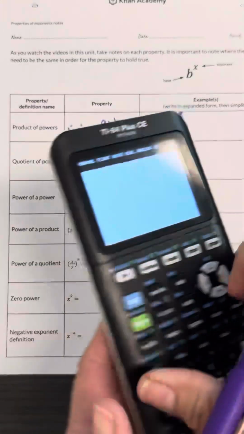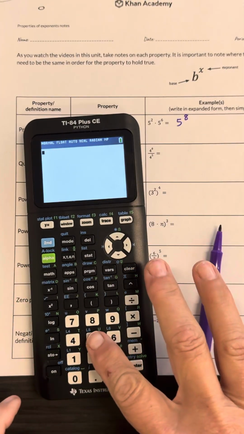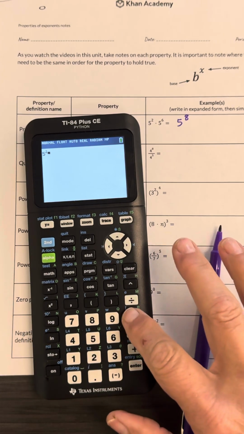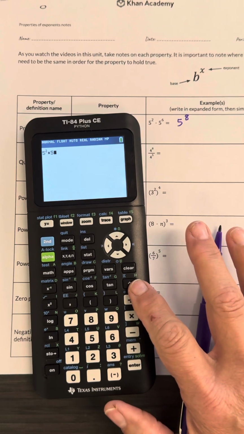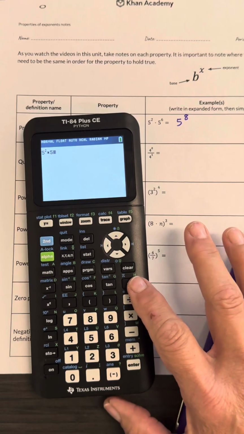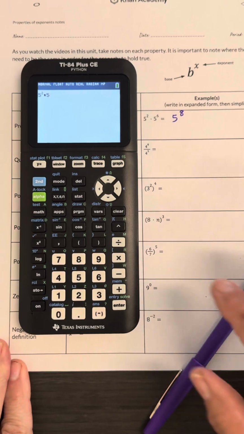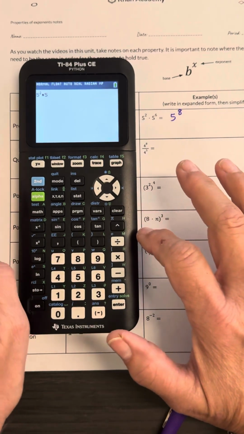So to prove that, you can go to your calculator and do 5 squared times 5, and you raise anything to a power by hitting the caret symbol. So the caret is right above the division.